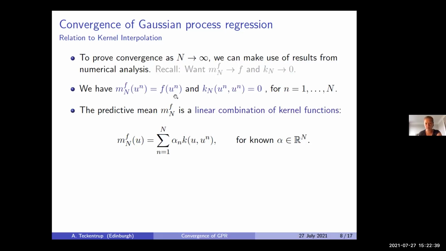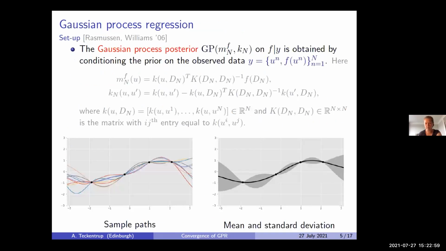The first property is that at the points where we have observed f, these u_n, the mean goes through, or interpolates, the true function f. That was just these pictures that we had here. At the points where we have observed our function f, because we're doing the conditioning, we know that the mean goes through the points.